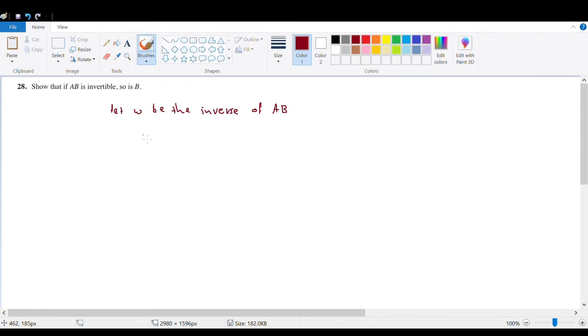That means WAB should be equal to I, because we assume W is the inverse of AB. Now if we take the multiplication WA and then multiply the result by B, this will give us also the identity matrix.